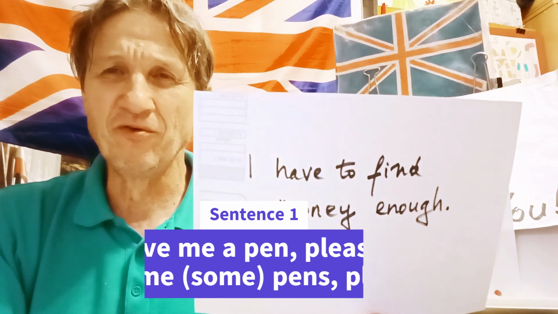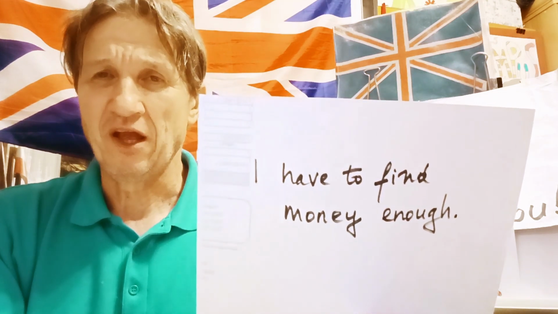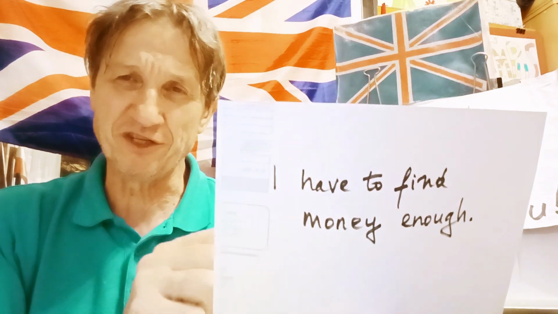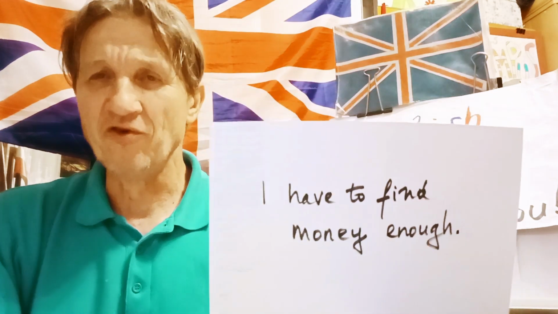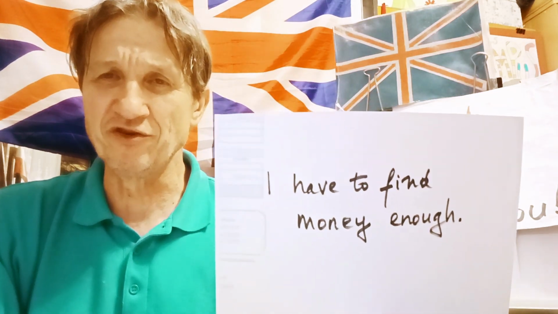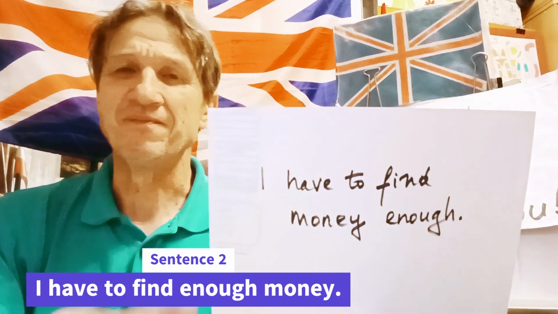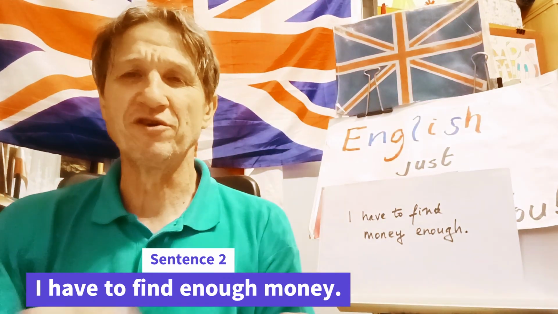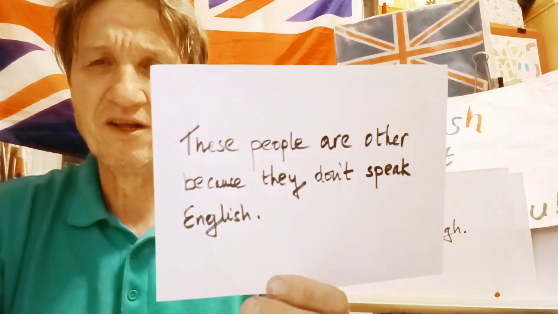So for example, he isn't big enough, this isn't good enough. Those are adjectives, but if we're using a noun, then the enough should be before the noun. So the sentence should read, I have to find enough money. That's sentence number 2.